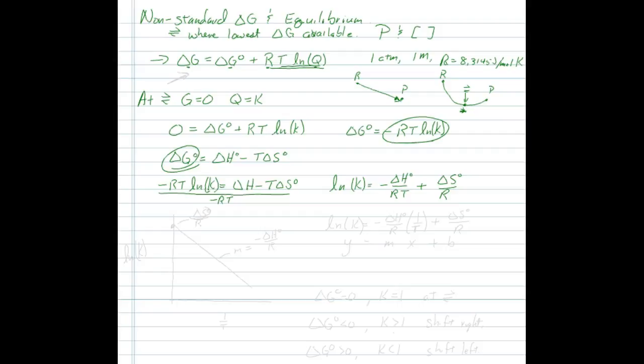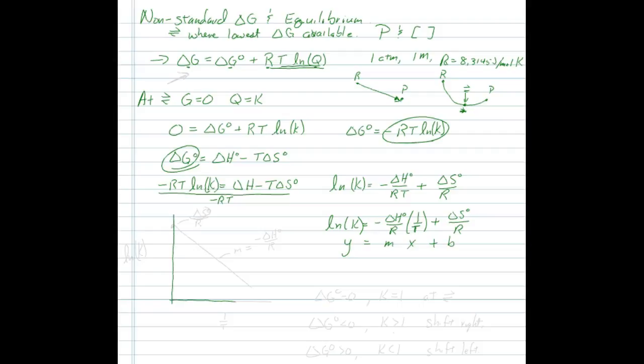You can separate out this T, and you get natural log of K is equal to negative delta H naught over R times 1 over T, plus delta S naught over R, which resembles y equals mx plus b.